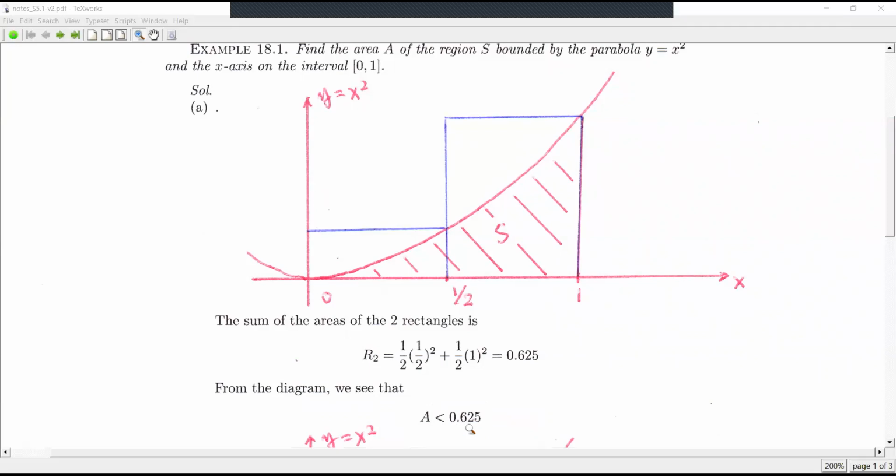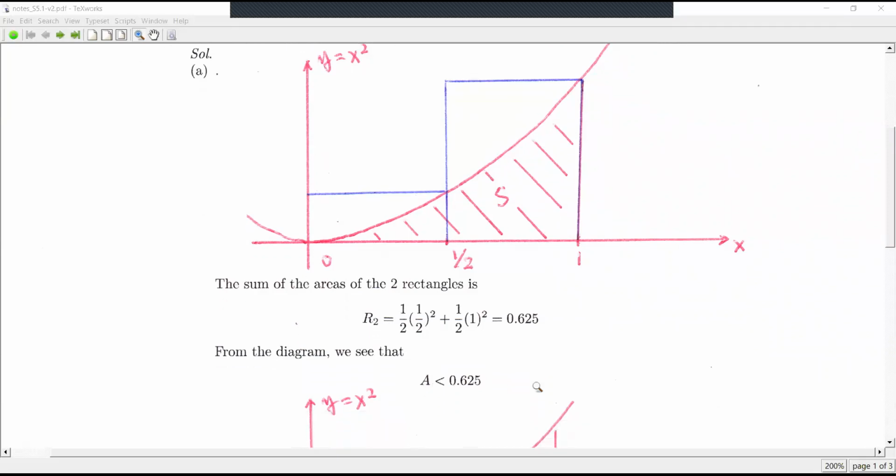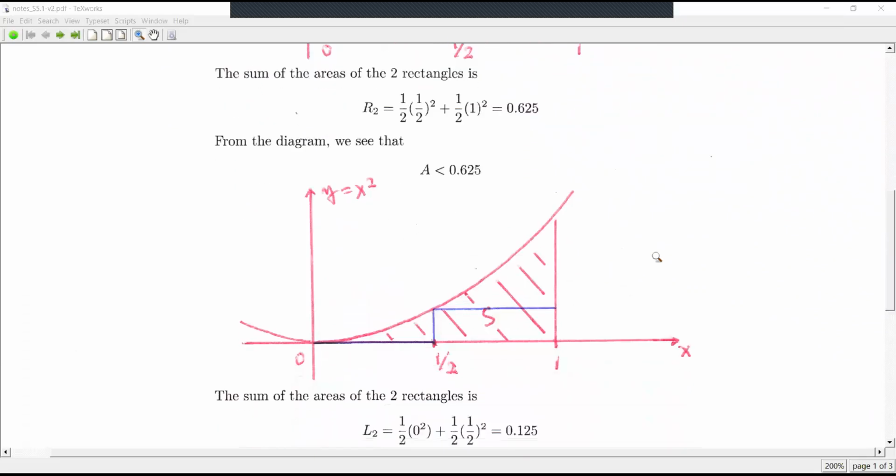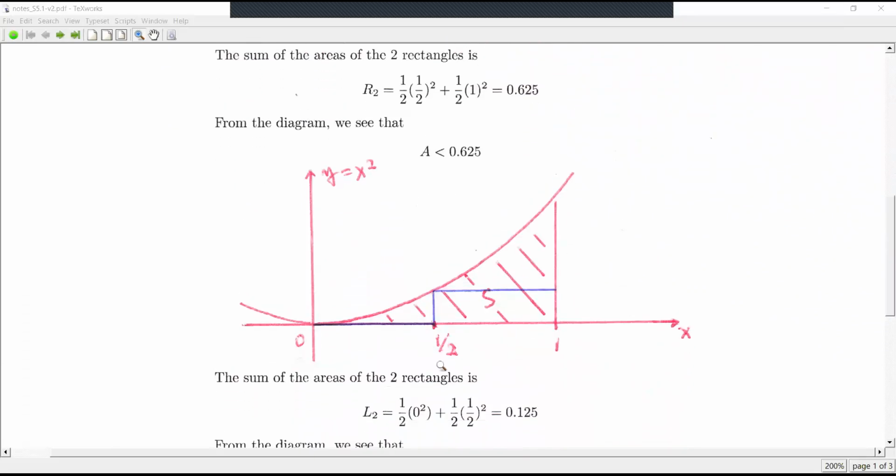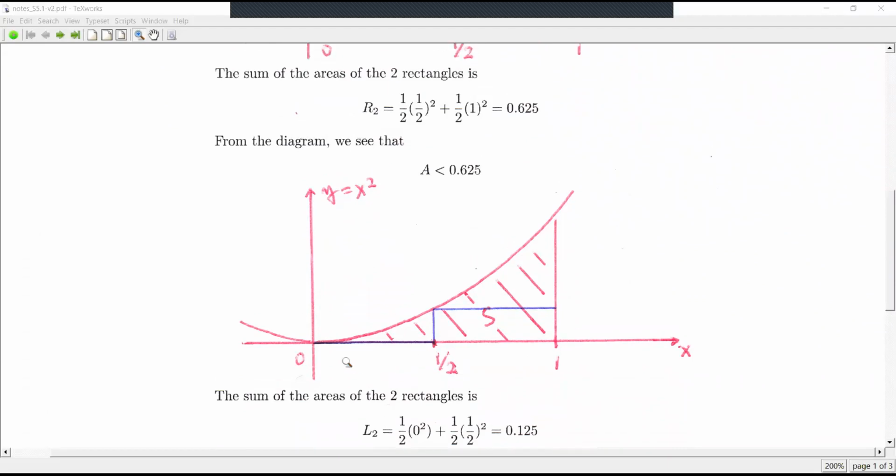Similarly, we can find a number below A. Now this time, let me erase these two rectangles. Okay, now build a second pair of rectangles. This time, over the first subinterval, let me use the function value at the left end point as the height to build one rectangle.